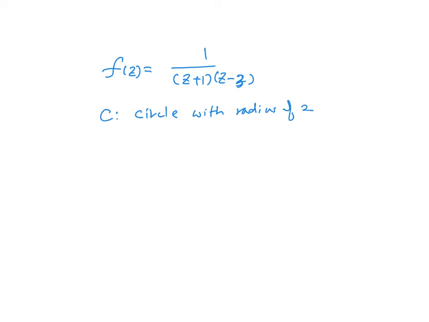Let's say f(z) is 1 over (z plus 1)(z minus 3), and C is a circle with radius of 2 centered at the origin.